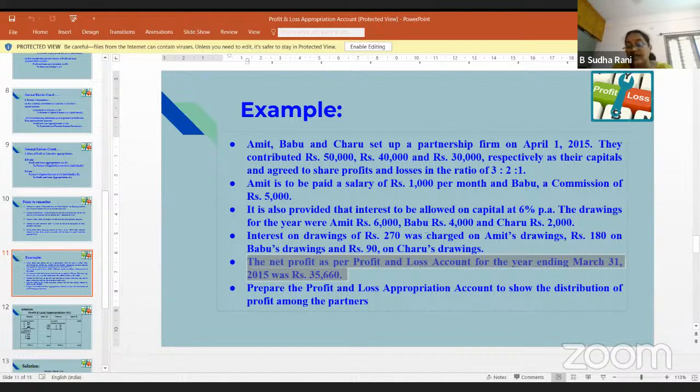On the right hand side, credit side, write down profit and loss account 35,660. In the amount column write down 35,660. That is the profit accumulated from the previous year till the date.